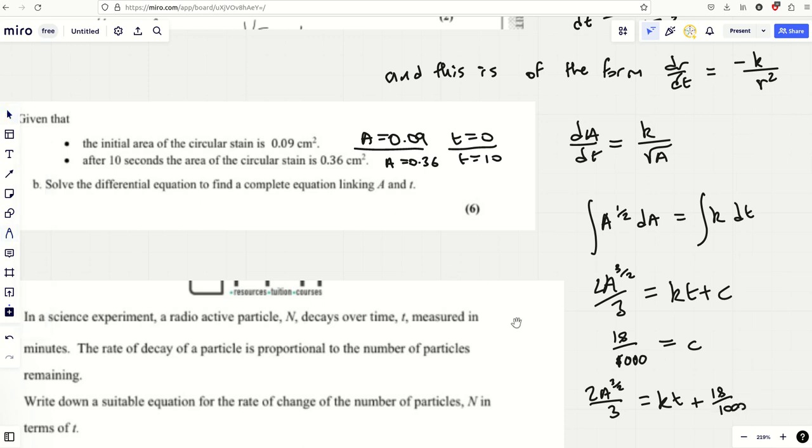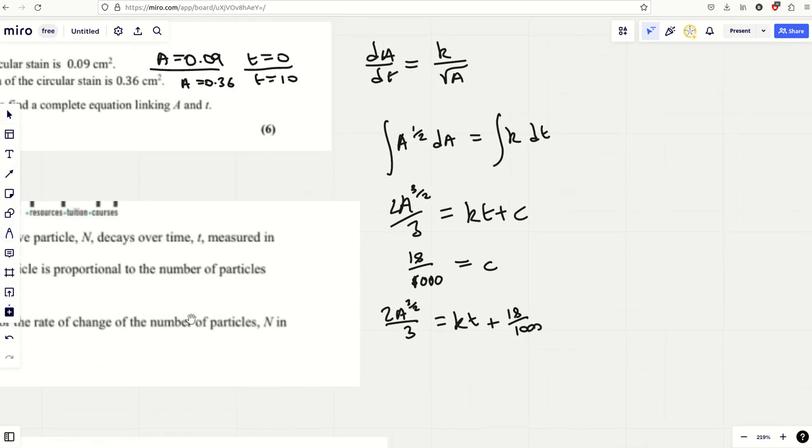And then I'm just going to plug in 0.36, that's 36 over 100, also easy to square root, which is nice. So 36 over 100, square root, it is going to be 6 over 10, cubed is 216 over 1,000. 2/3 of 216 is 144, I think. So 144 over 1,000 is going to be equal to 10k plus 18 over 1,000.